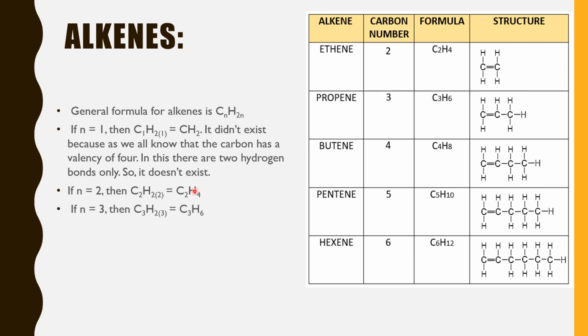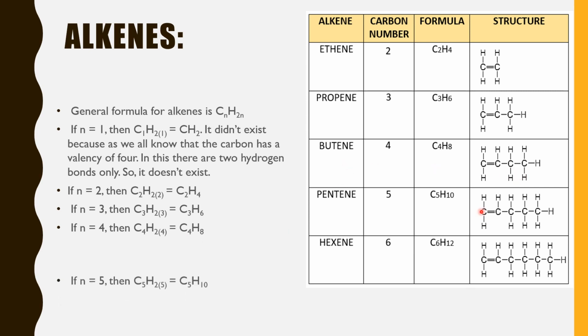Then n equal to 3, we get C3H6, that is propene. This is the structure of propene. Then n equal to 4, C4H(2×4), so C4H8. It is butene. This is the structure of butene.